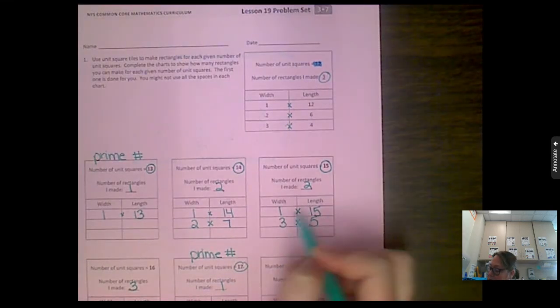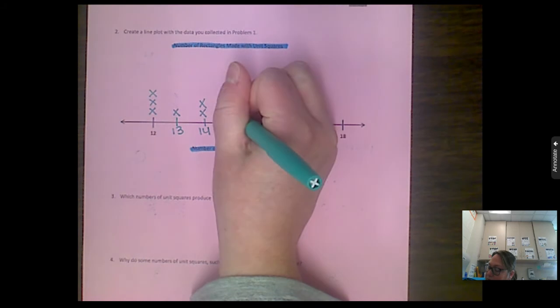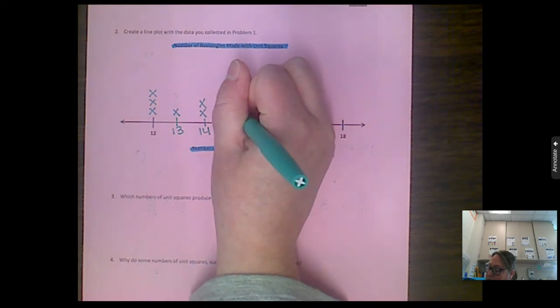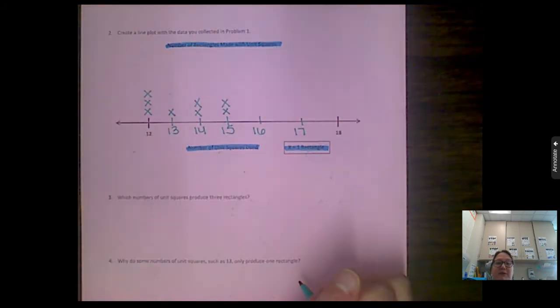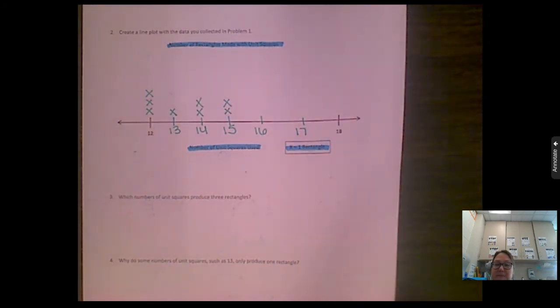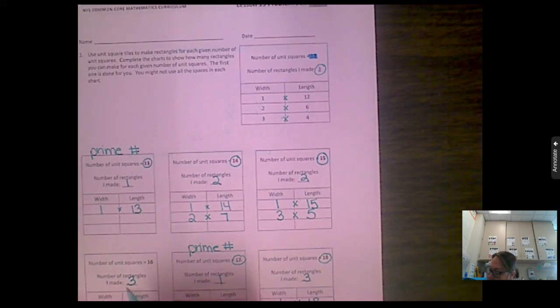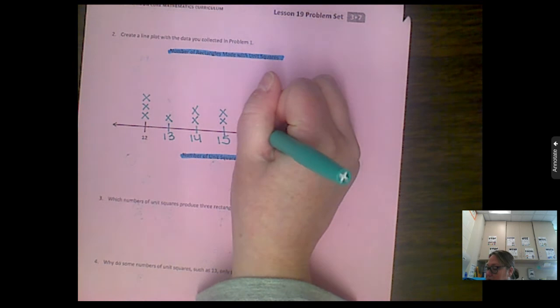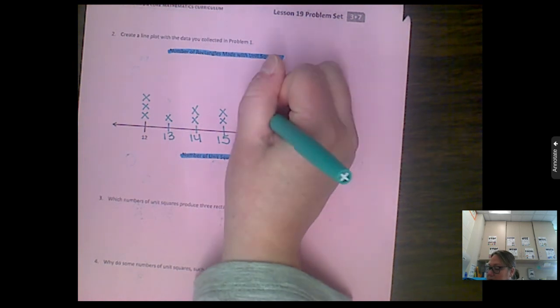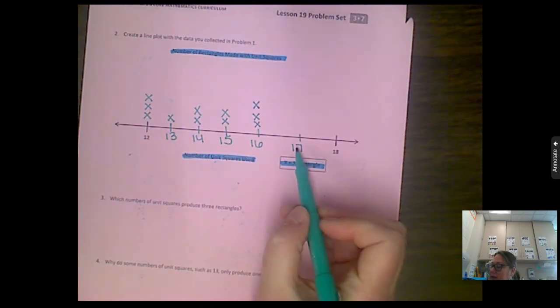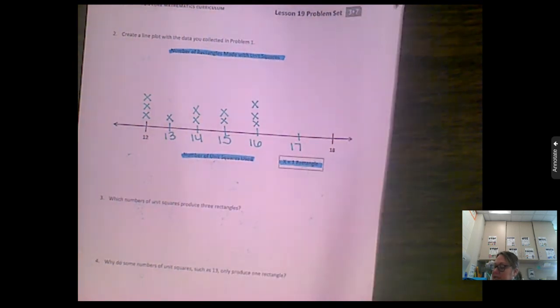Then for 15, we had 2 as well, so these 2 should be lined up with the 2 of the 14. How are you doing so far? Good. The next one we had was 16. We made 3 that had an area of 16, so line them up with the two that are already there. Good. And then 17 and then 18.